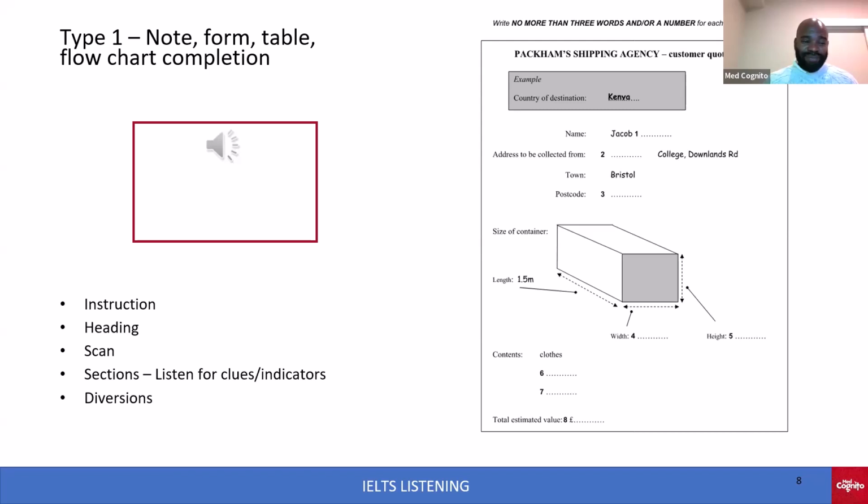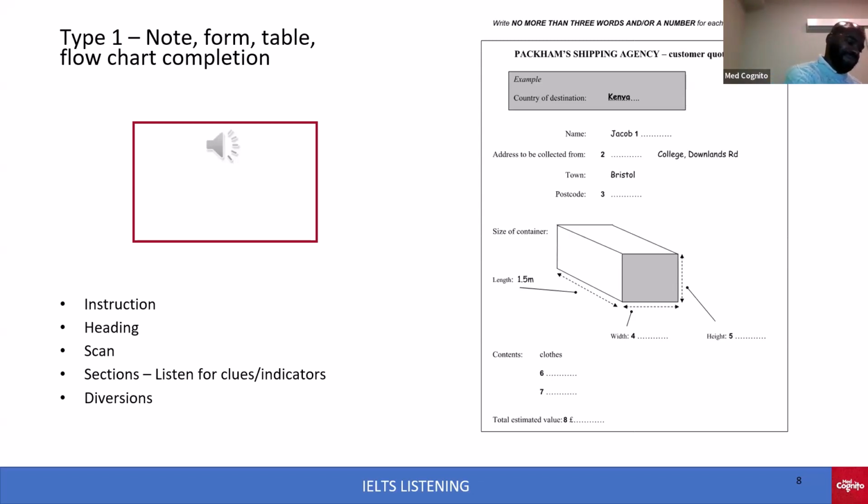I'll take down the address now. It's Westall College. Is that Westall? Yes, college. Westall College. And where's that? It's Downlands Road in Bristol. Oh, yes, I know it. And the postcode?